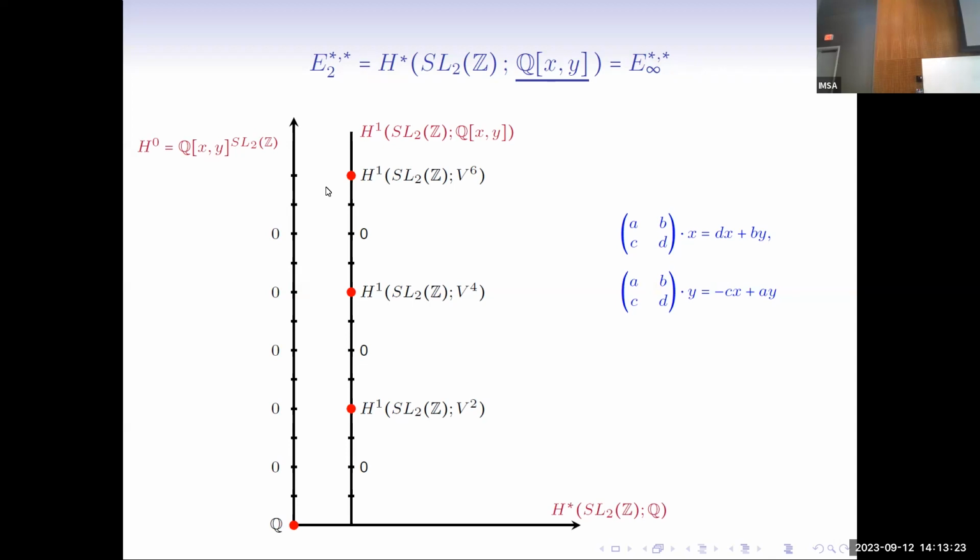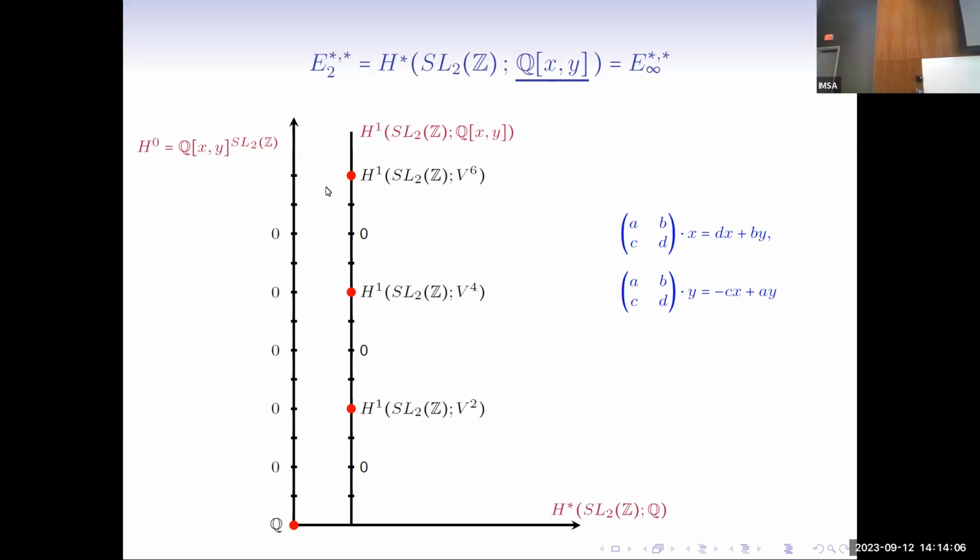Moreover, in degree 0, we're looking at the invariants of the action of SL2Z on this polynomial ring. So again, we're dealing with twisted coefficients, and the way that SL2Z acts on the variables x and y is written here, right? But in this case, the only invariants are the constant polynomials, so concentrated in 0, right? And so the most interesting part lies in degree 1, and so we look at the homology of CP infinity cross CP infinity.